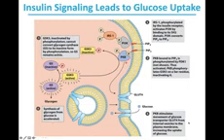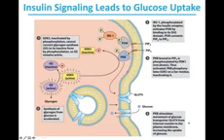The second function of PKB, as shown here, is to stimulate movement of glucose transporter GLUT4. GLUT4 is moved to the cell membrane via vesicles, and this is to increase uptake of glucose.